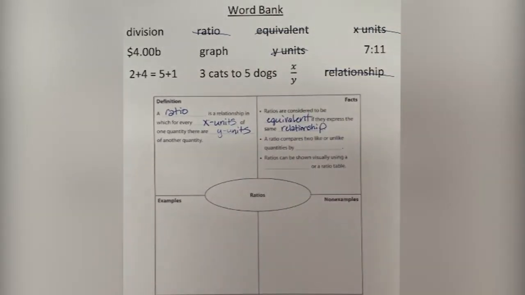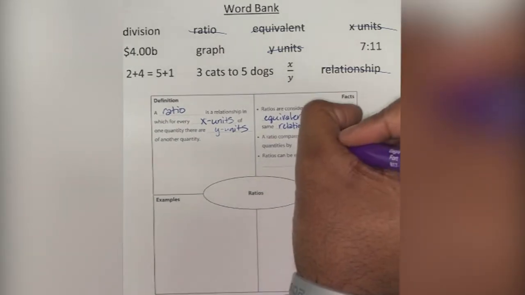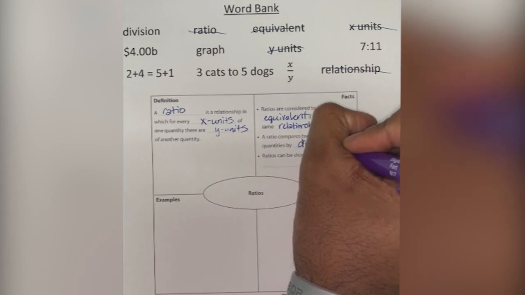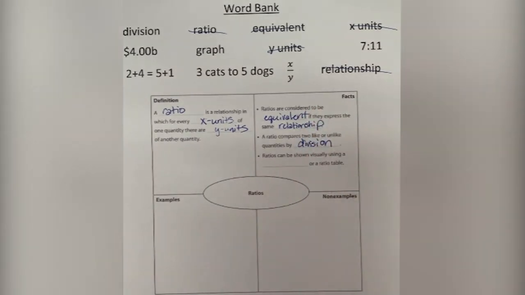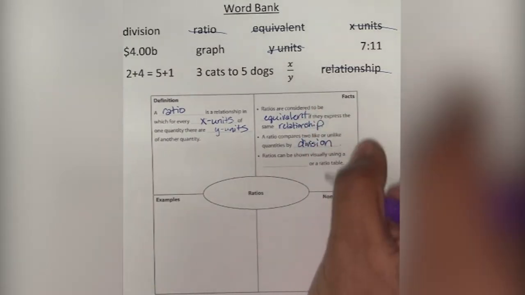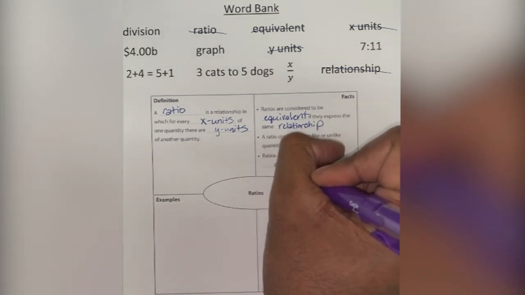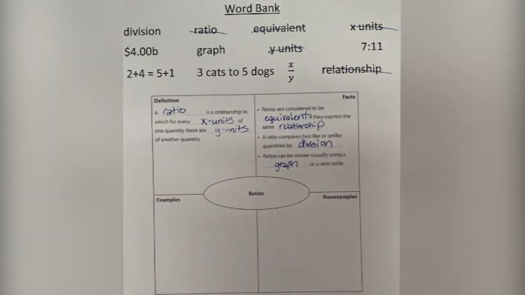A ratio compares two like or unlike quantities by division. And ratios can be shown visually using a graph or a ratio table, which we've been working with.